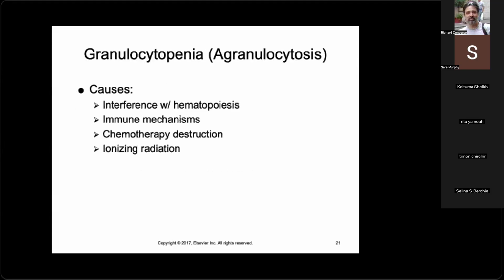Agranulocytosis can be the result of interference with hematopoiesis, immune mechanisms, the results of chemo and radiation therapy, and ionizing radiation. Okay. The idea with chemo and radiation is to kill rapidly developing cells, and the hope is that includes your cancer cells, right?